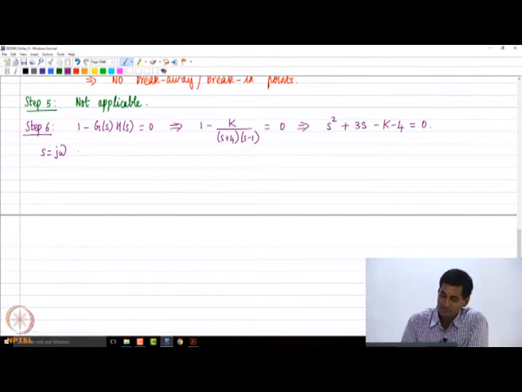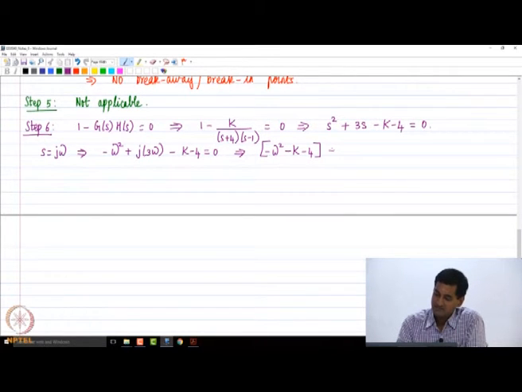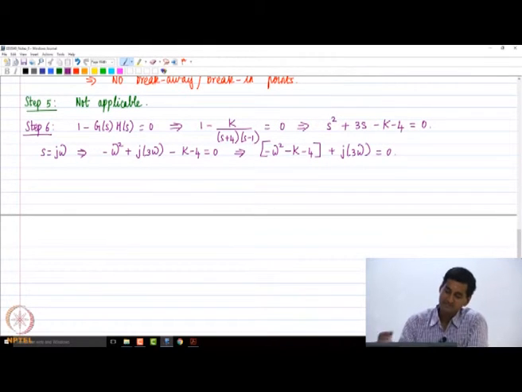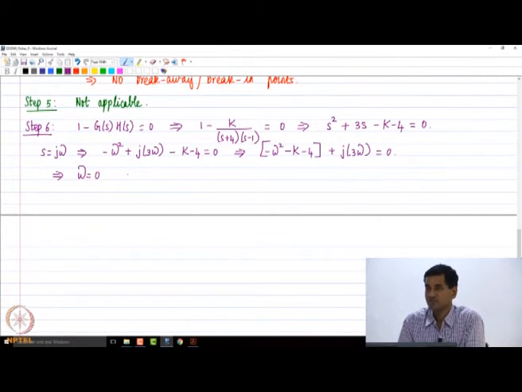If you substitute s equals j omega, we immediately get minus omega squared plus j times 3 omega minus k minus 4 equals 0. So this gives us minus omega squared minus k minus 4, this is the real part, plus j times 3 omega equals 0. We can immediately see that from the imaginary part omega is 0, the only possible solution.